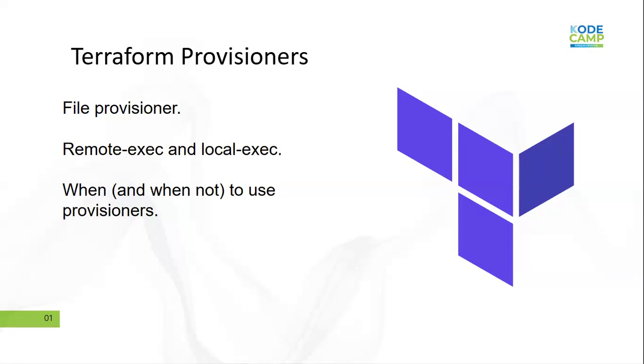So what is the local exec? Local exec runs commands on the machine where Terraform is executed. So what the local exec does is that if I'm running Terraform and I want a particular script to be run before or after the resource has been created, that's where you use local exec.